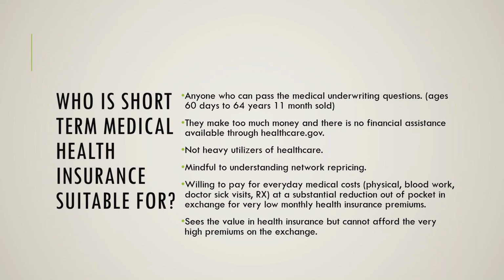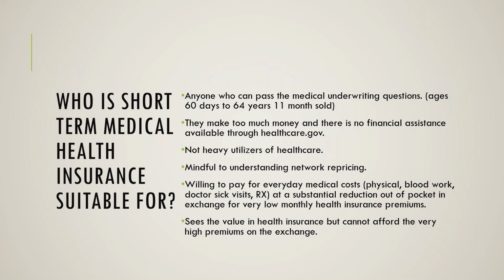Number three, somebody who is not a heavy utilizer of healthcare. Why? Because chances are, if somebody's a utilizer of healthcare, they're not going to be able to get through the medical underwriting for short-term health. Also, short-term health has a clause in it, and the clause states that they do not cover anything of a pre-existing condition, typically for 12 months back.